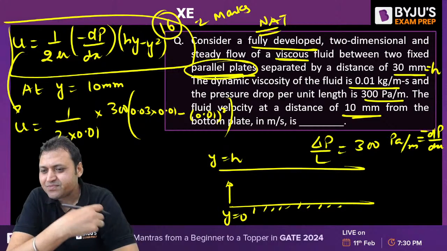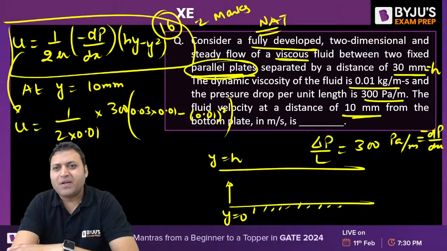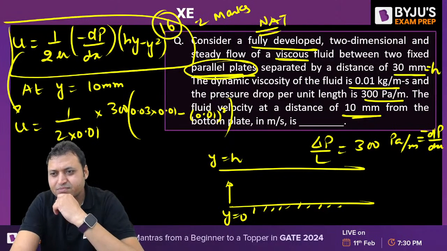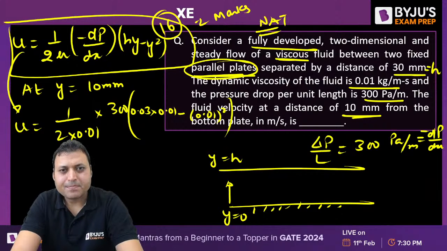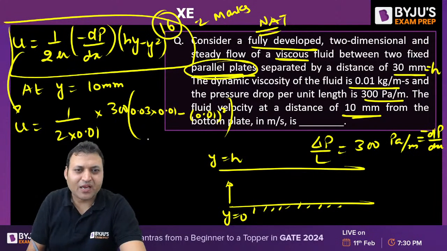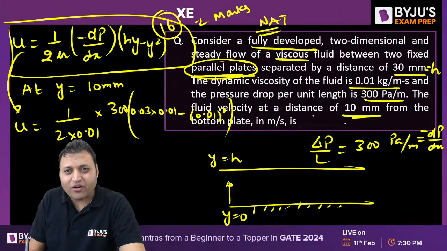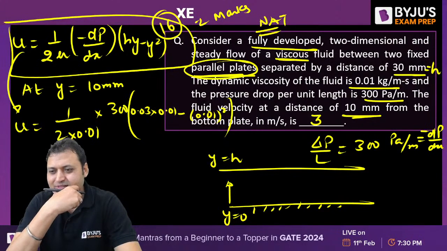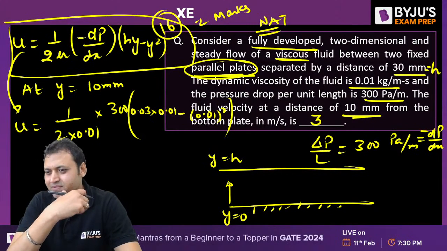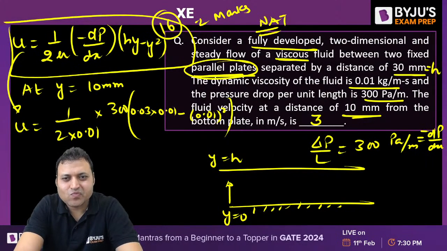What is the answer? Are you getting 3 meter per second or not? The answer will be 3, isn't it?